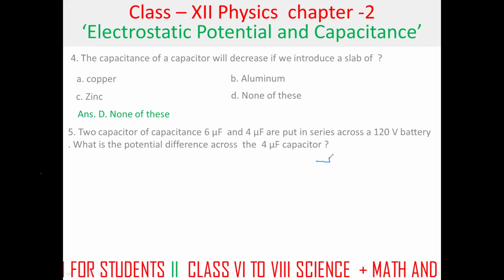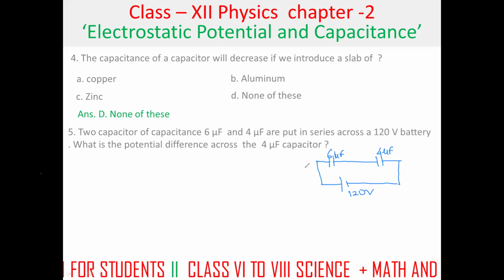So this is one capacitor. They're put in series, so it will be in the same line, and they have been connected with a 120 volt battery. So this is 6 microfarad and this is 4 microfarad.